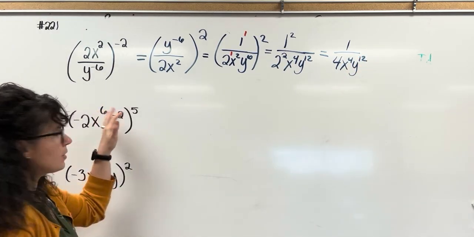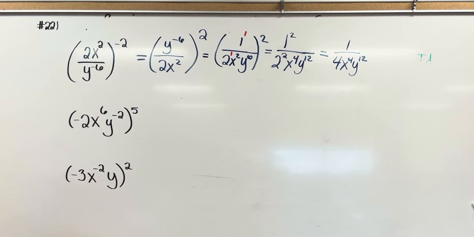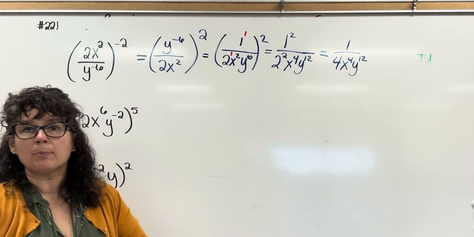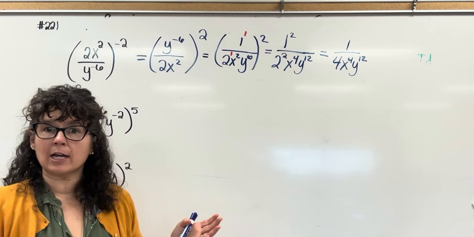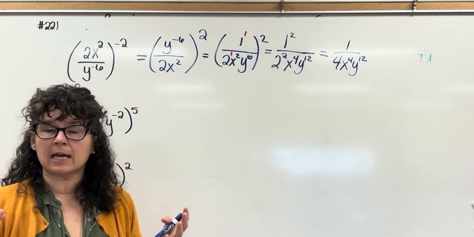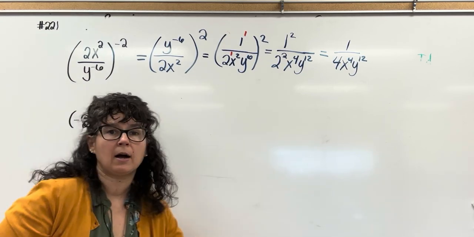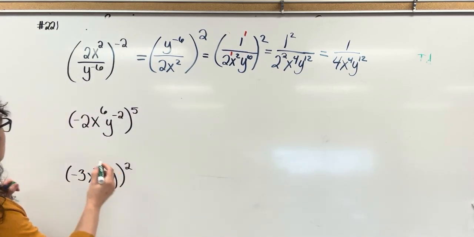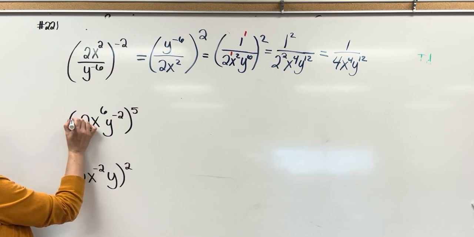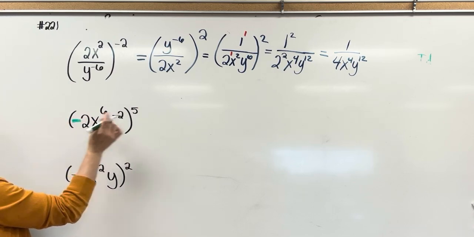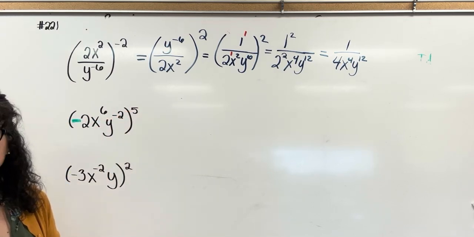All right, so now for these next couple of problems, one of the things that's crucial when you're applying these rules, and I think it's just a good idea at the very beginning, is to decide if your final answer is negative or positive. So in this one right here, notice this negative number is being raised to an odd exponent.